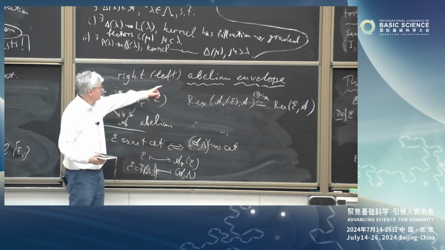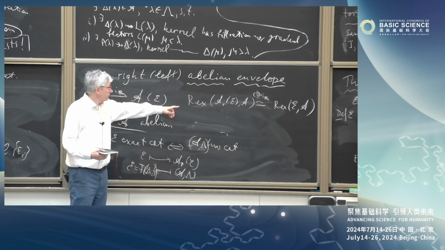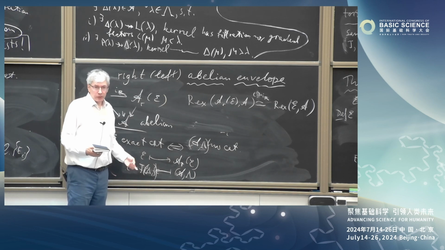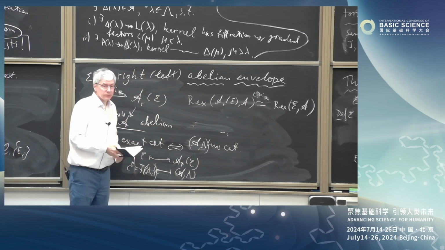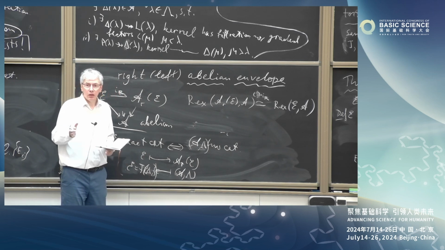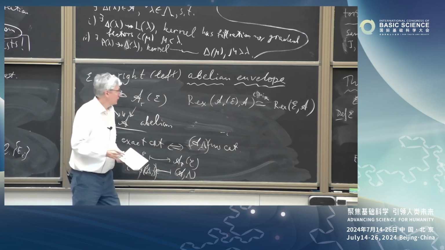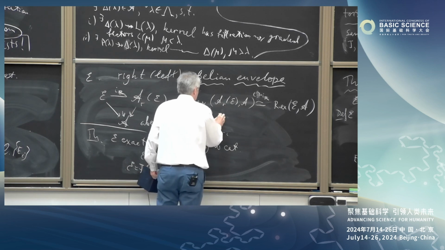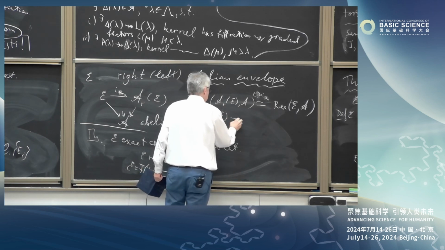But of course, we also have the left abelian envelope of E. And one can ask, what is this? And the answer is that the left and right abelian envelopes are related by so-called Ringel duality. So maybe I will be very short about this because I wanted to say something else.